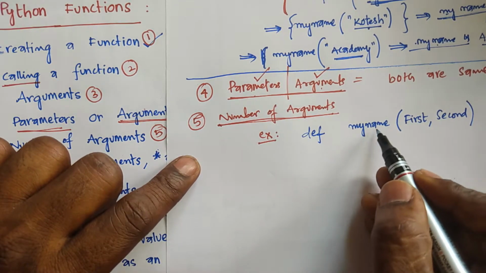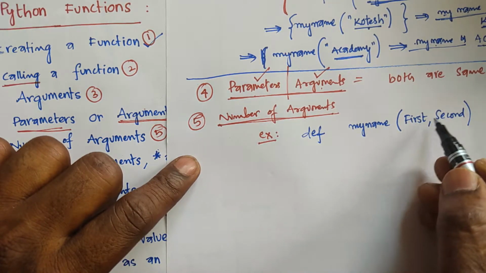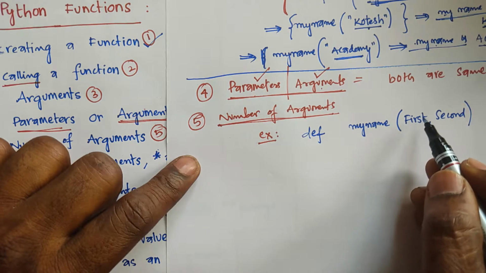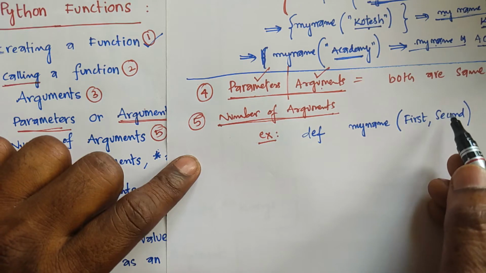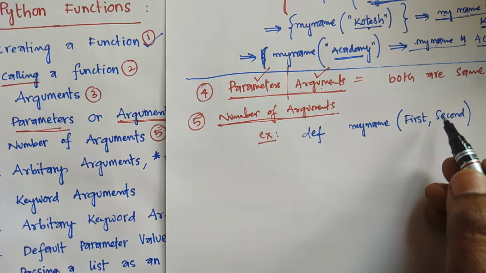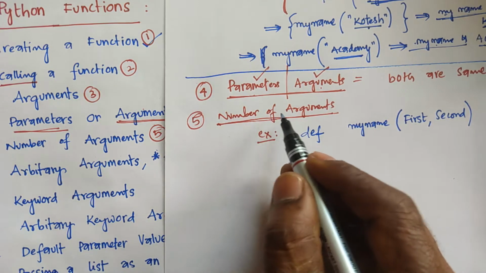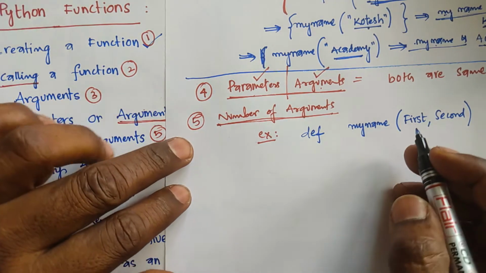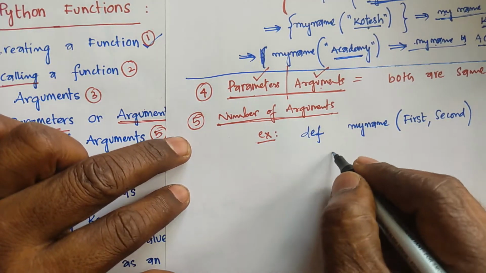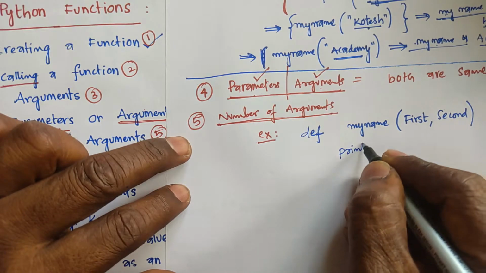So in this function we have two arguments or two parameters. If you have more than one parameter, that is the concept of number of arguments. Here, I am writing print.